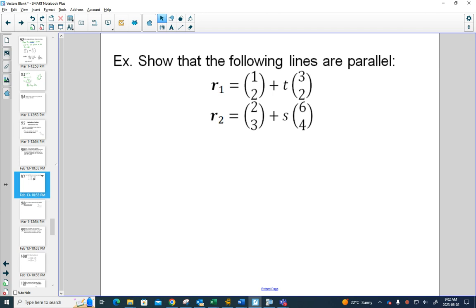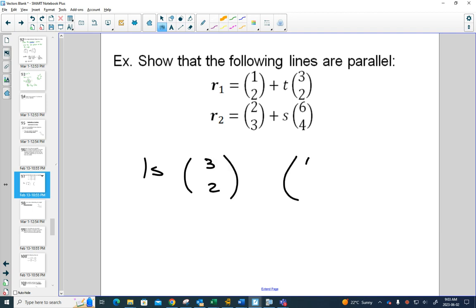And since you get something that can never happen, you know that the two lines can never intersect. So we want to show that the following two lines are parallel. Okay? A couple of things we could do. One, if I got a question like this that actually said that they're parallel, I might just start with the two direction vectors. Direction vectors are kind of your slopes.